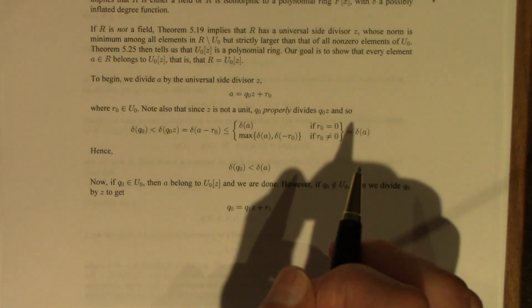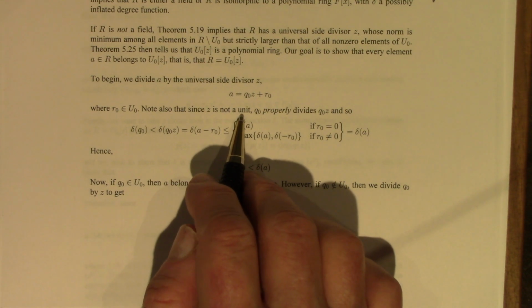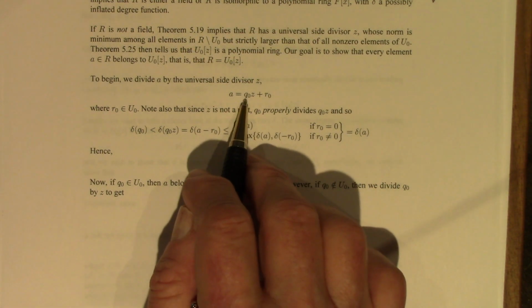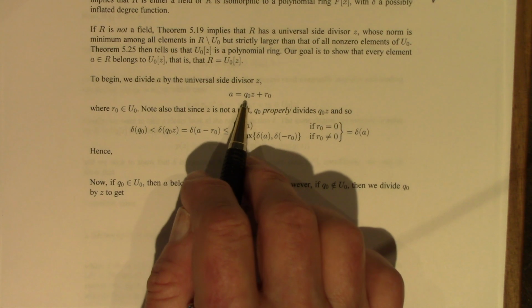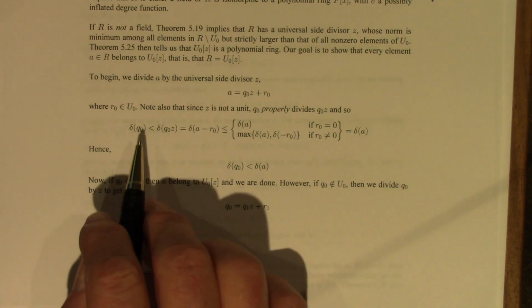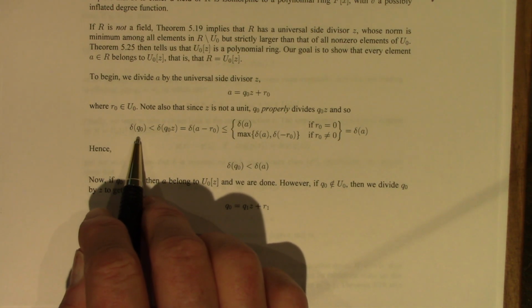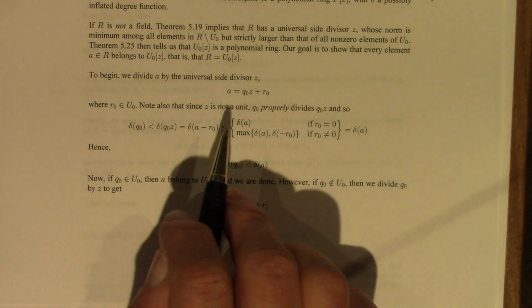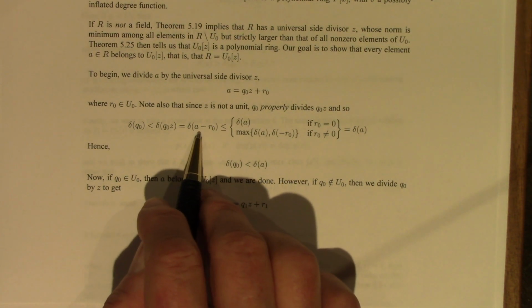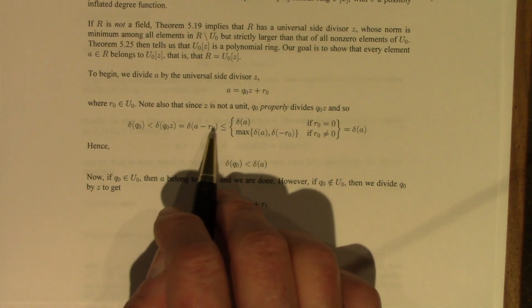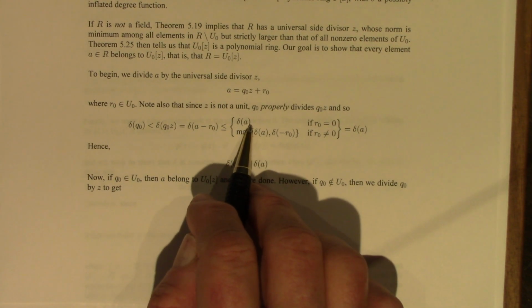Well, Z is not a unit, and so Q0 properly divides Q0 Z, and so delta of Q0 is less than delta of Q0 Z, which is delta of A minus R0. Let's move that over. And now, if R0 is 0, that's just delta of A.